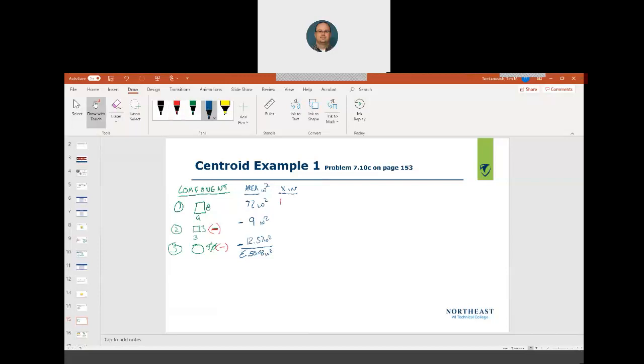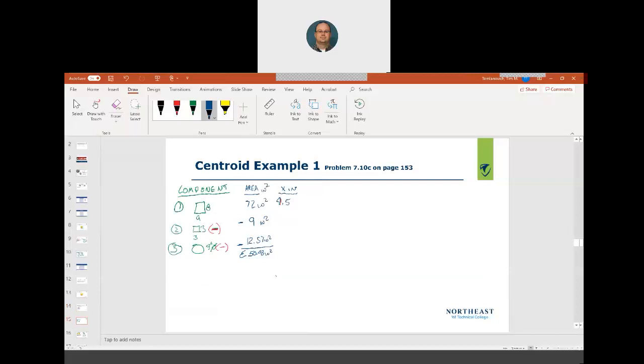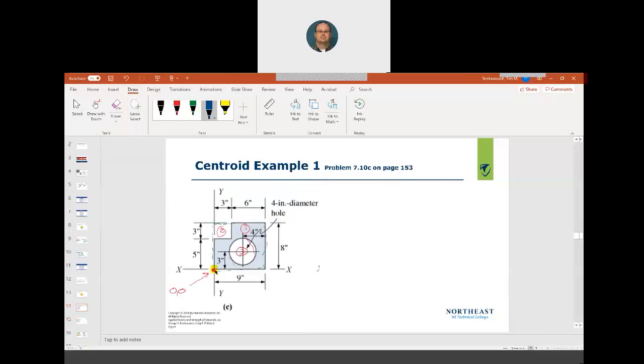Now component 2, I know here's 0, 0, so in the middle of a rectangle it's halfway, so it's 1.5 inches from 0, 0.